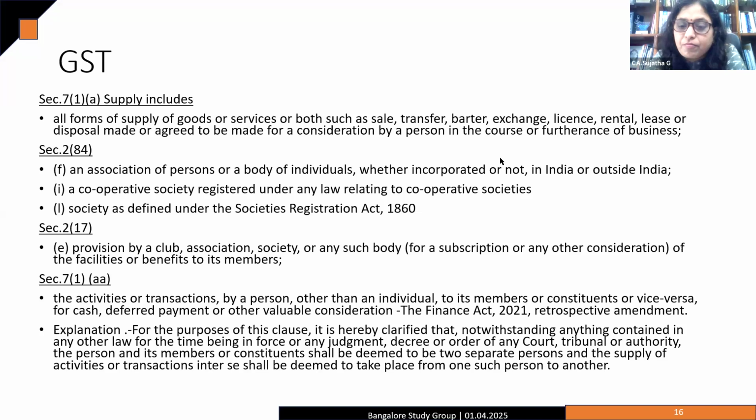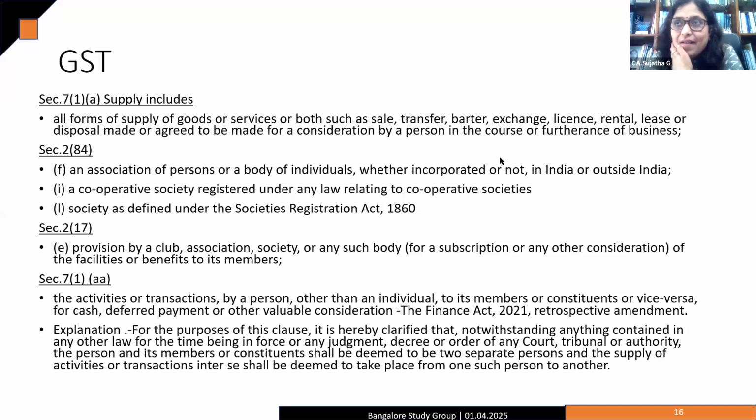This is specifically maybe to address the Calcutta Club, bringing the difference between the person and the members of the person. Because under GST, the moment you have a separate GST number, the levy is there from one GST to another. So I still feel something was missing, which made sure it is not just to cover themselves from the Calcutta Club case, but definitely I see there is a lacuna and they wanted to fix it.